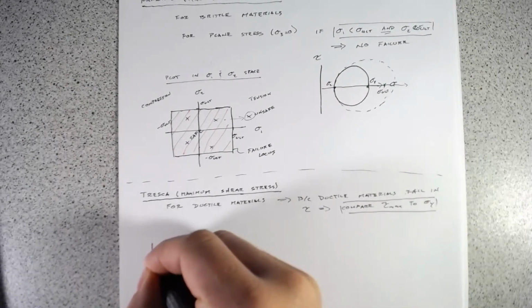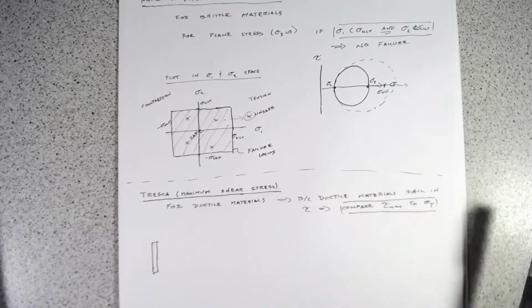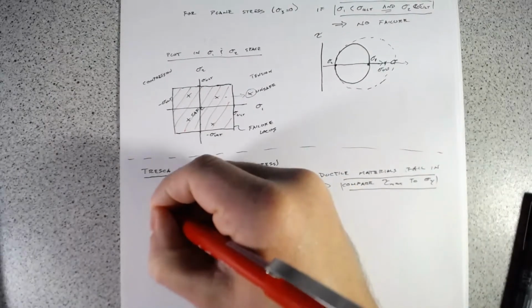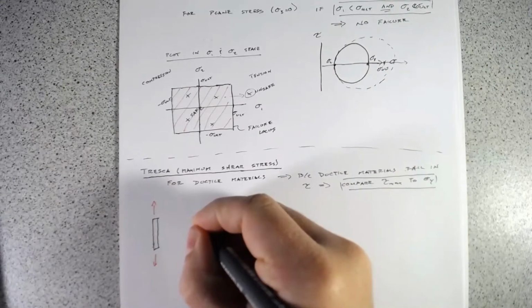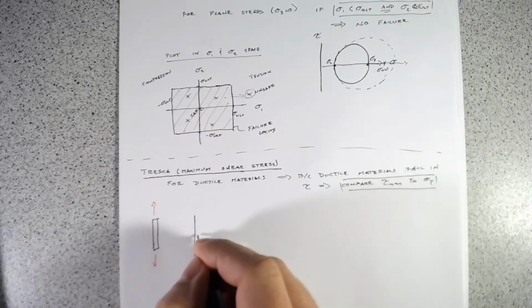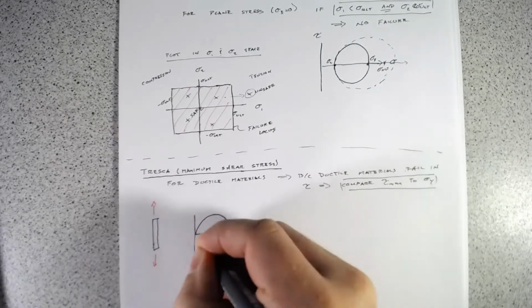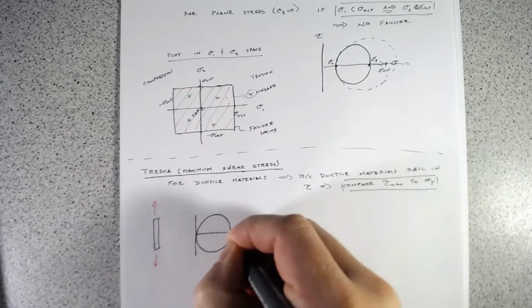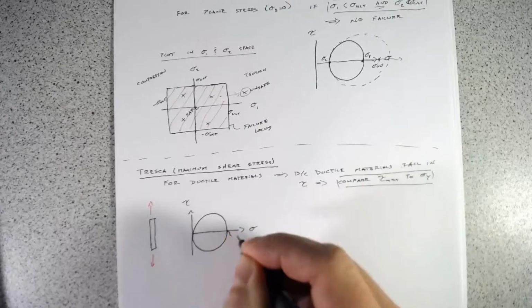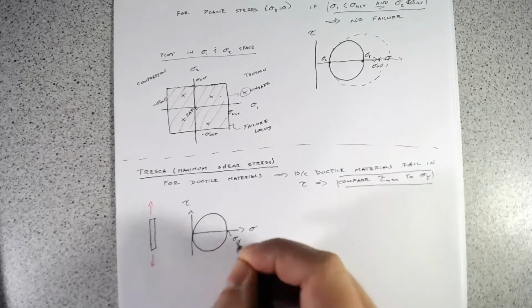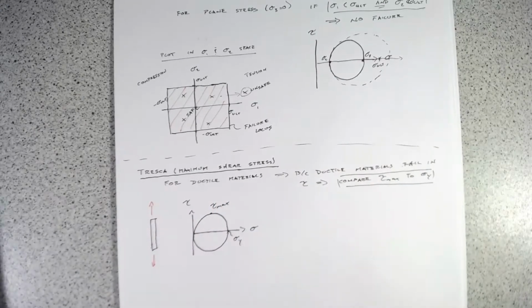So if we go back to our little tension test and plot the Mohr's circle for that, if we pull this until yield at sigma y, we have some tau max at yield.